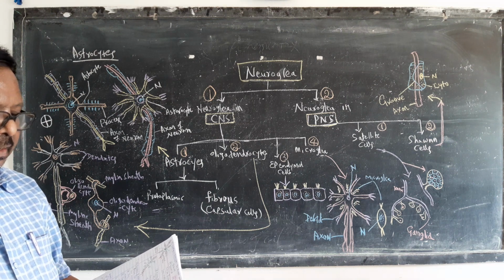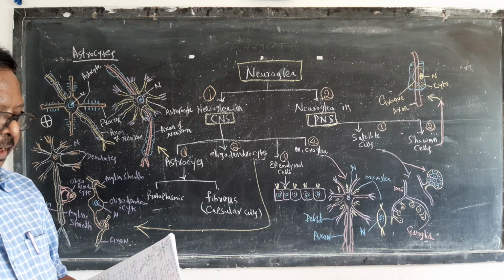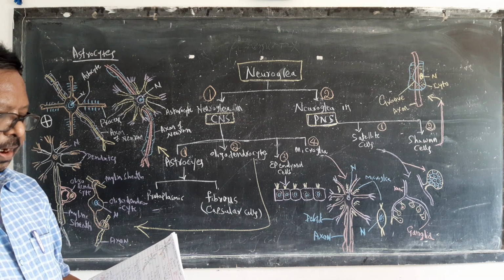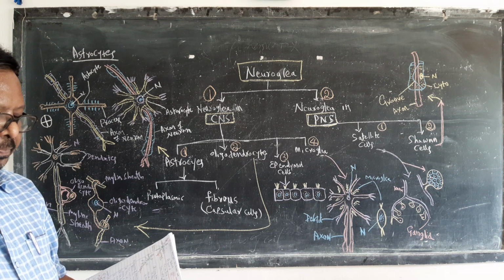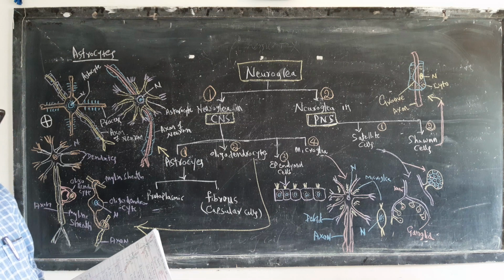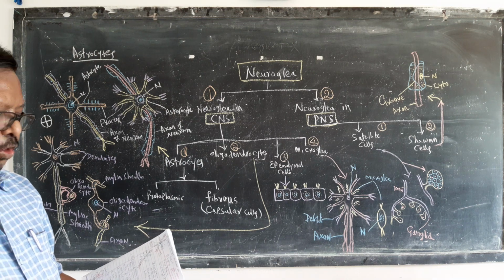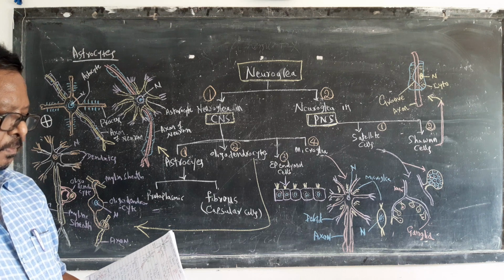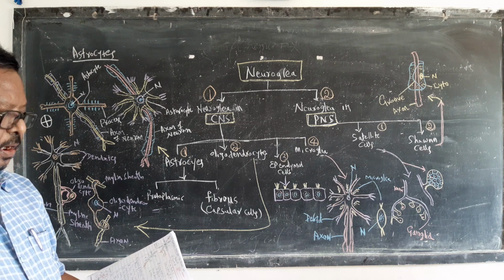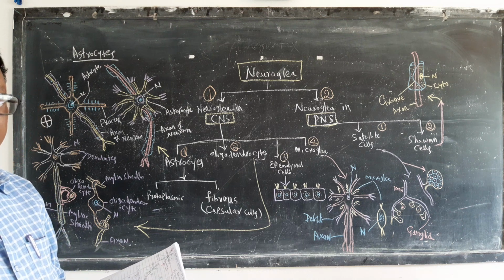They wrap their processes around the nerve fibers and produce the myelin sheath, the insulation covering on axons. So the insulation covering, that is myelin, is produced by these oligodendrocytes, which wrap around the nerve fibers.